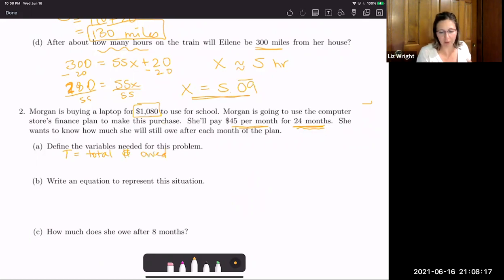How much do we still owe after each month? Or you could do D for debt. That's probably a better variable, D for debt. So that'll help me remember. And then I'm going to do M for the number of months she has paid.